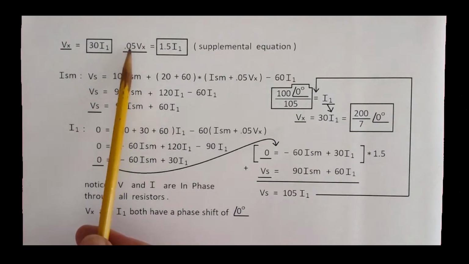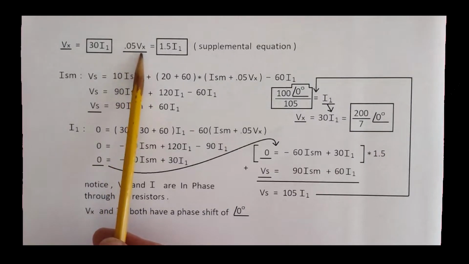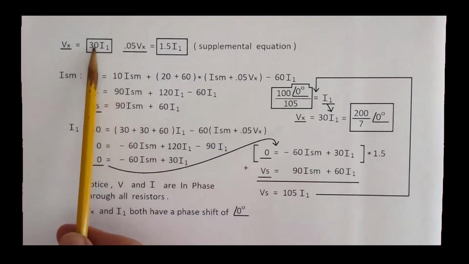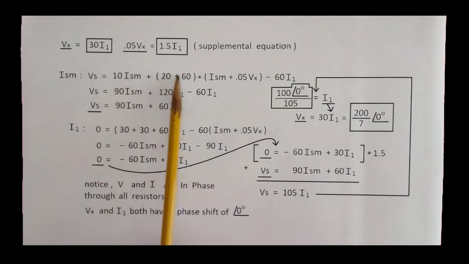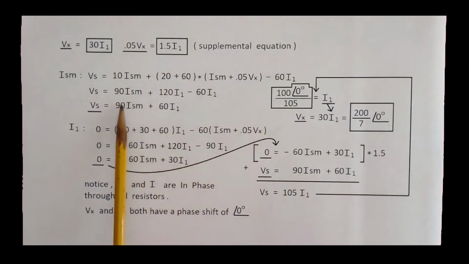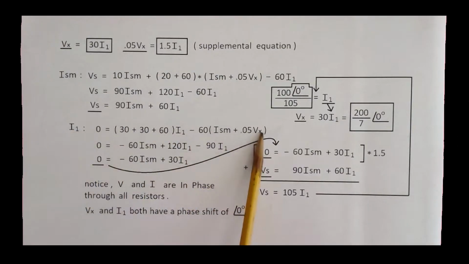And then the voltage controlled current source, 0.05 times Vx, which is 0.05 times 30I, 1.5I, is equal to that. A little bit of basic algebra we reduce to get Vs, a little basic algebra of the I1 mesh, and we end up with the equation here.